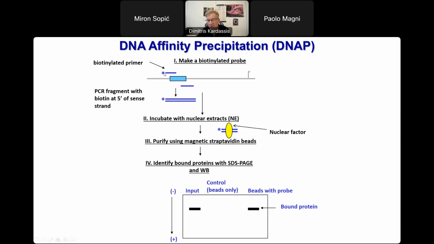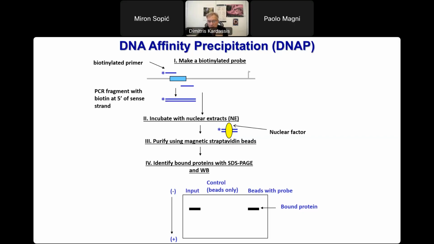We biotinylate this primer, so the PCR product is biotinylated, and we incubate it with nuclear extracts from cells that we know express a transcription factor. Then we purify the DNA using magnetic streptavidin beads, because streptavidin binds to biotin, which is on the DNA. And so we precipitate the DNA, and if our nuclear factor was bound to the DNA, it will co-precipitate.